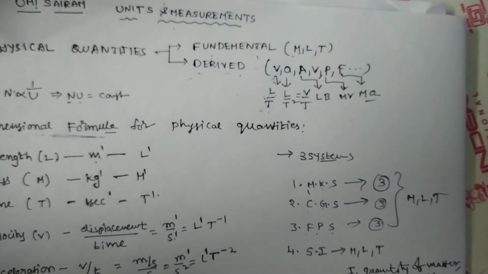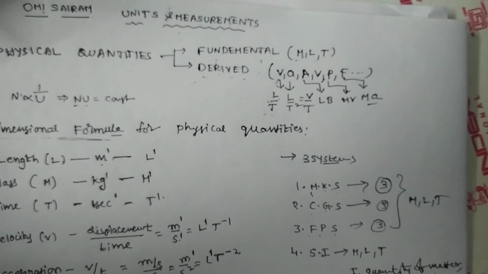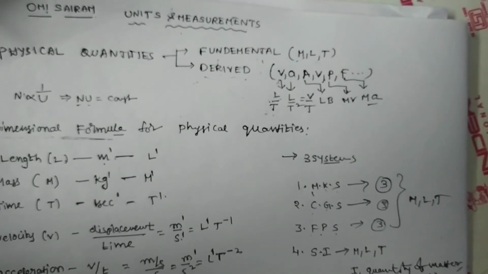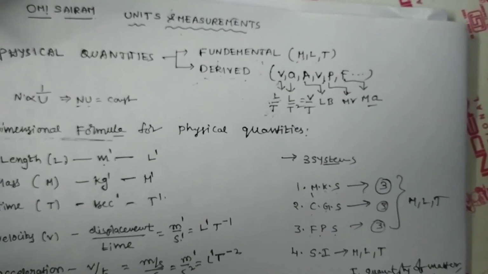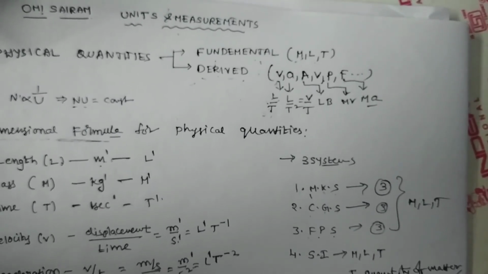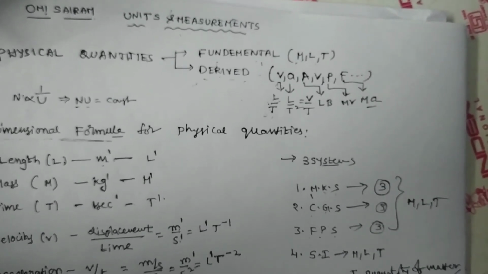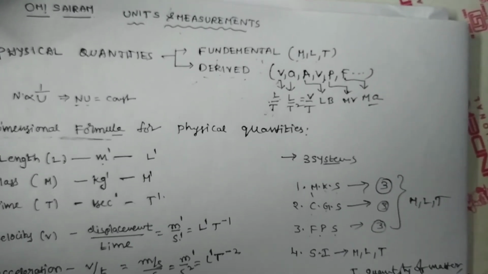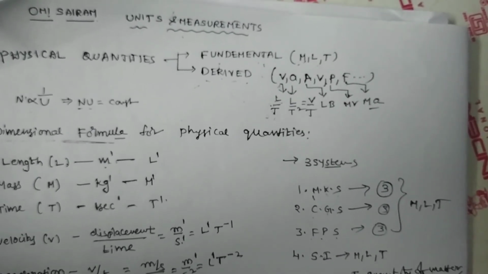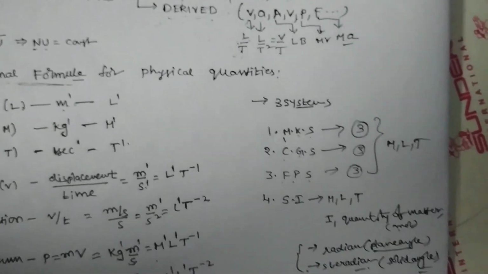Next, radian and steradian. Radian represents the plane angle, and steradian represents the solid angle.